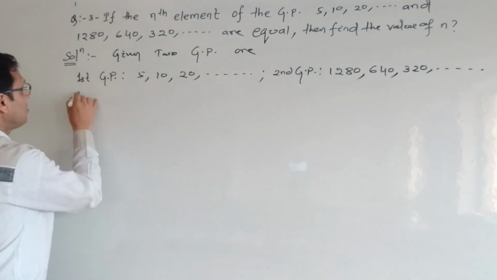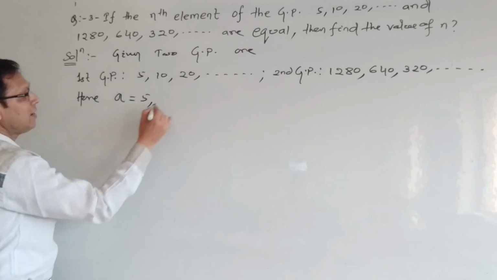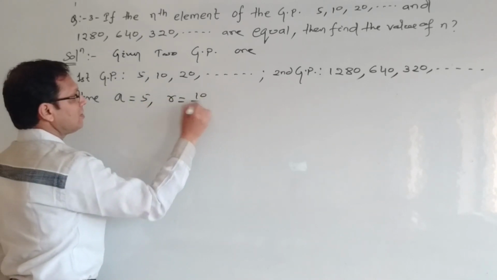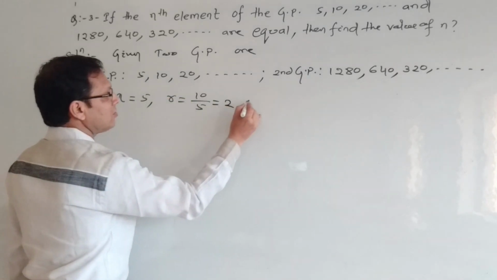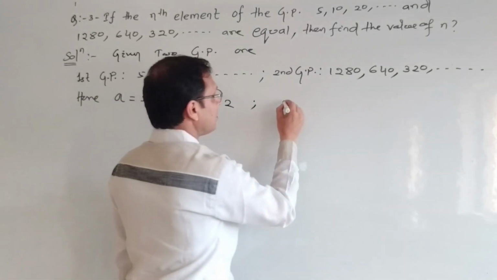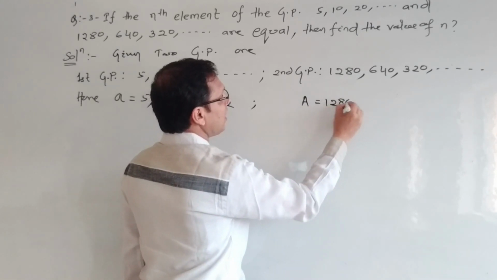Here the first term A is equal to 5 and the common ratio is T2 by T1, that is 10 by 5, which is equal to 2. And here the first term A is equal to 1280.